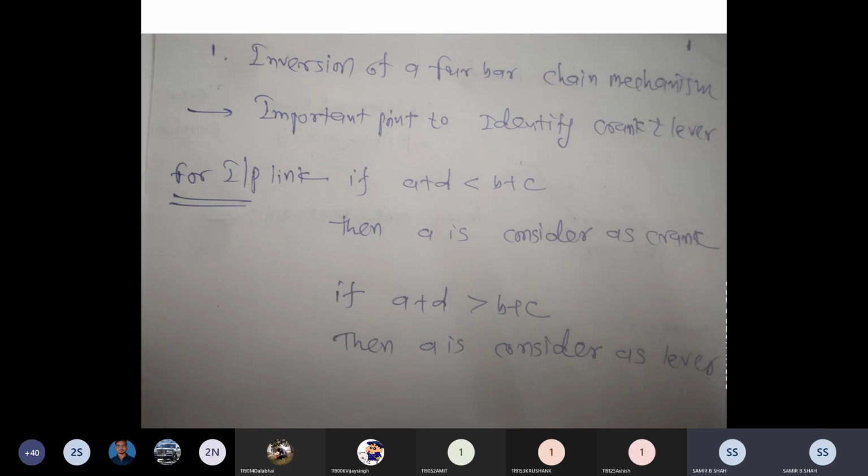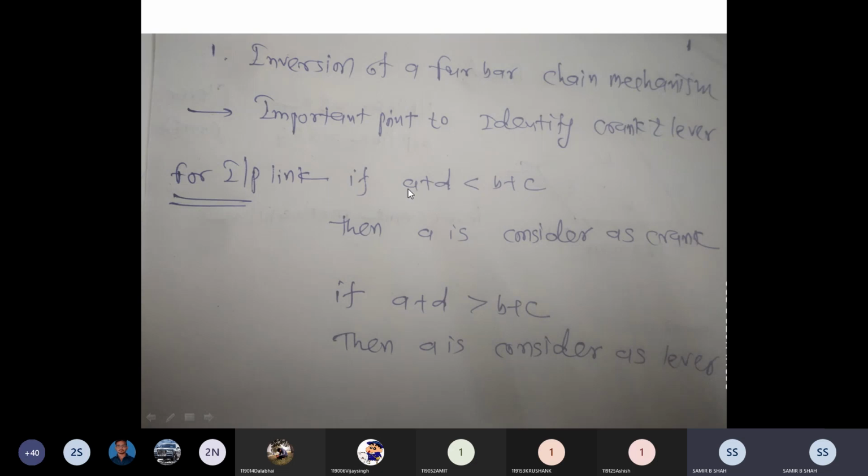Initially, we have to identify crank and lever, as per Grashof's law, as we know very well. In practice, you have to remember that if A plus D is less than B plus C, where A is the first link, B is the second link, C is the third link, and D is the fourth link.